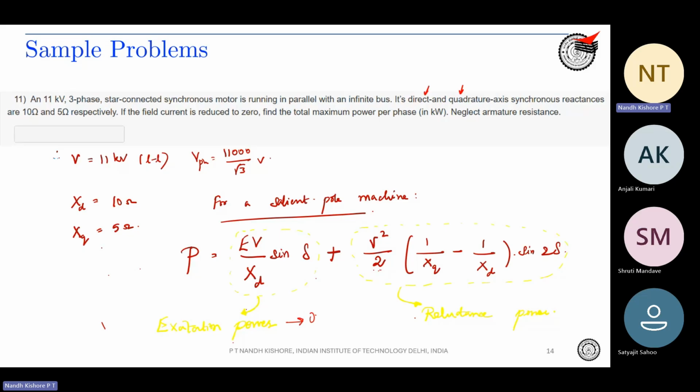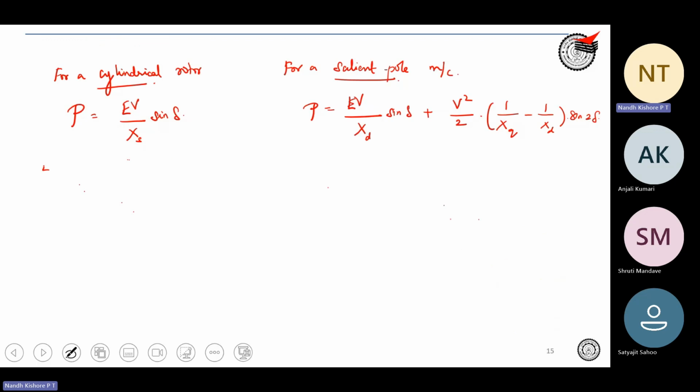Why? Because if your field current is reduced to zero, your E is becoming zero, right?